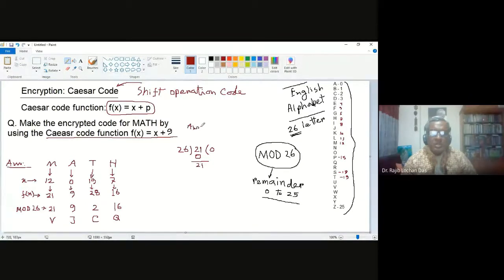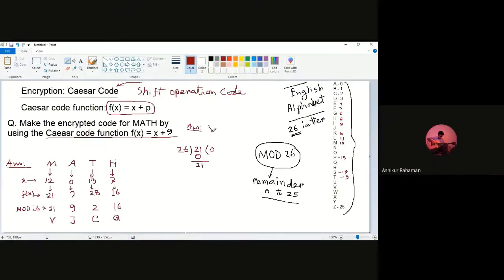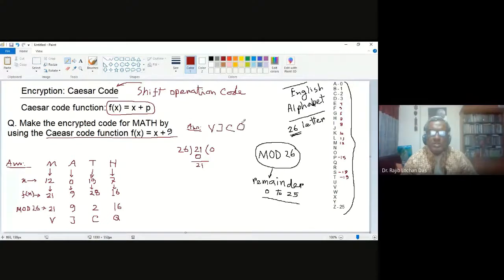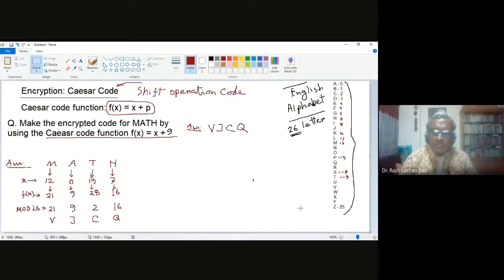Answer is VJCQ. That is the coded form of MATH, the 4 letters MATH, and you have VJCQ, 4 letters, and you have used the operation x plus 9.